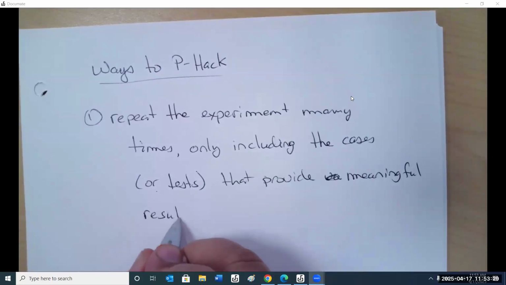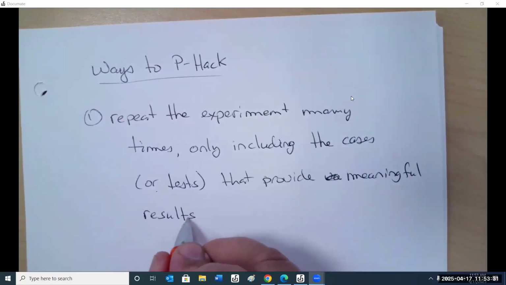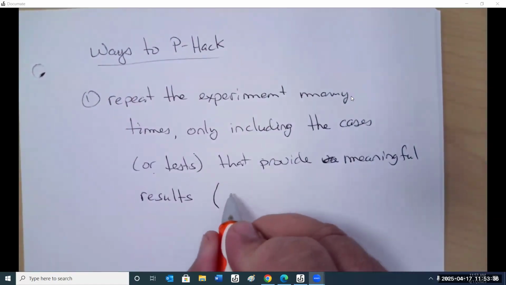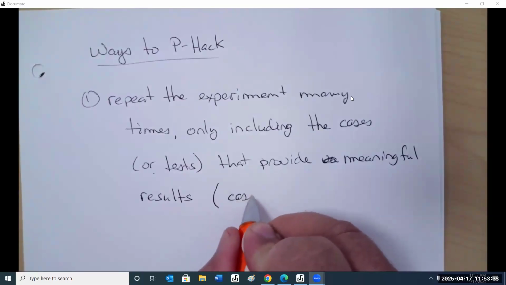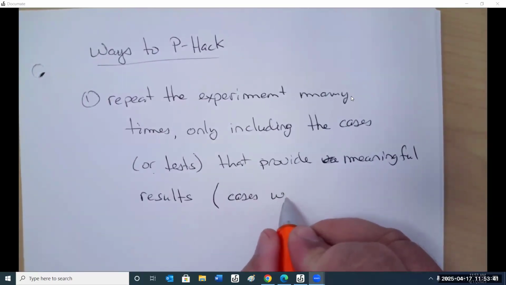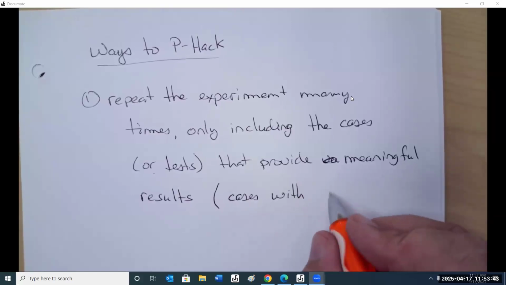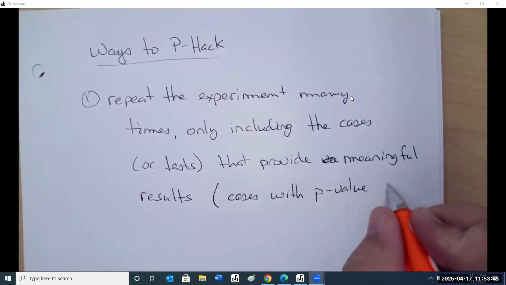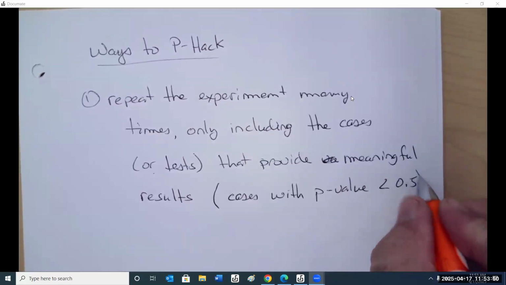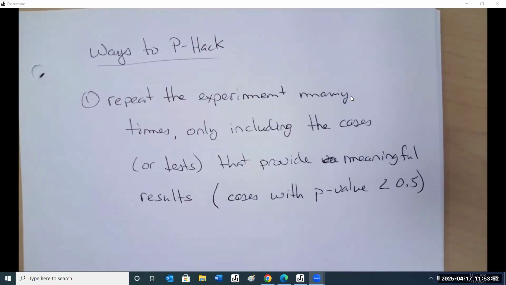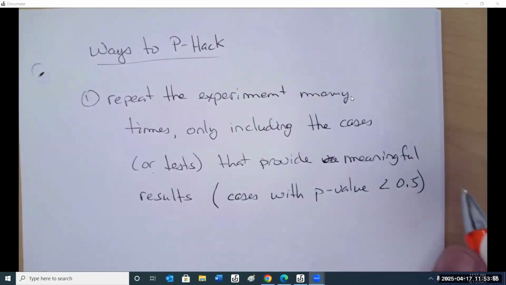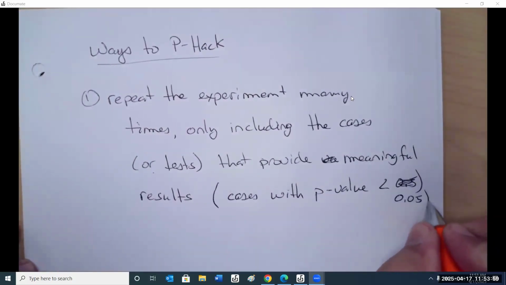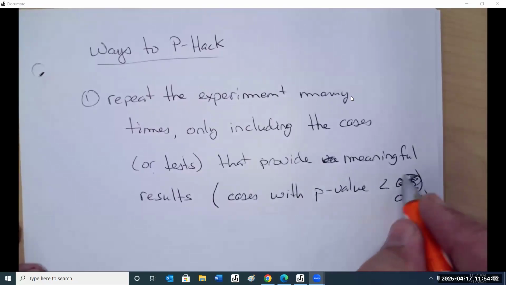Meaningful results. Usually, what that means is cases with a p-value of less than 0.05, because that's usually our alpha that we use.